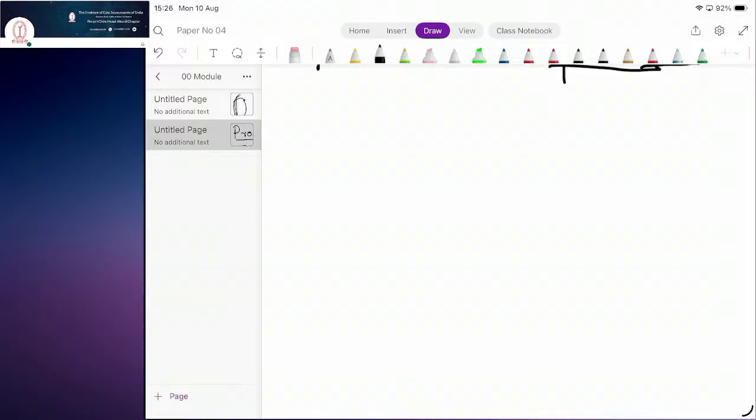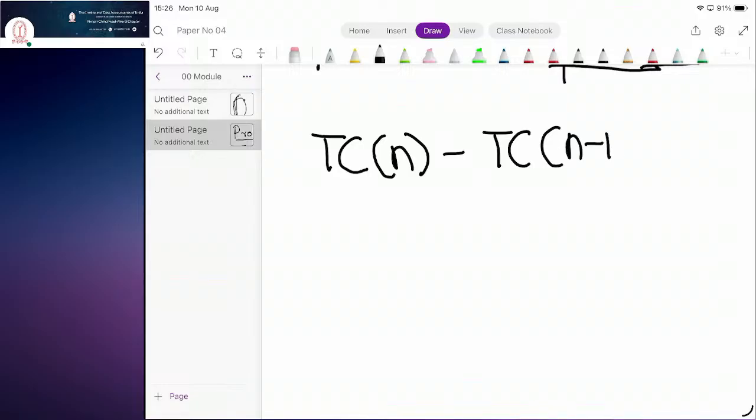And delta TC, the change in total cost for the nth unit of output, will be TC of n minus TC of n minus 1. We have just written this. Is that clear? So this formula and what we have done is exactly the same.